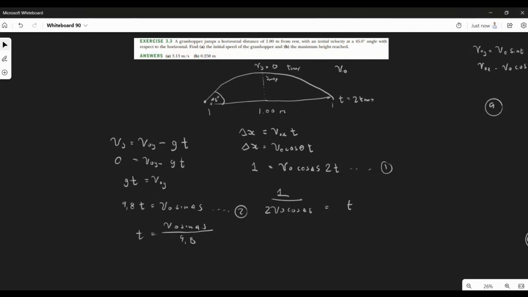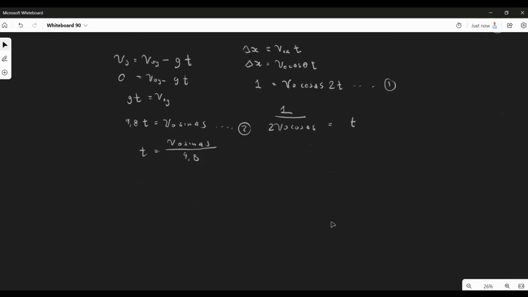Next step: since the time is the same, we can make them equal to each other. I'm not going to solve the whole thing, I'll just do the rest. So we have Vo sine 45 divided by 9.8, and we equal that to 1 over 2 times Vo cos 45.